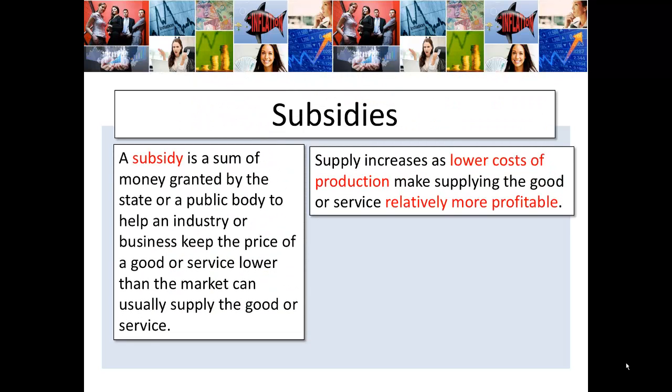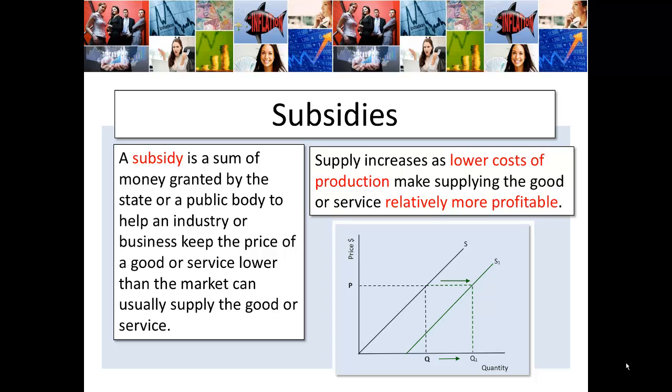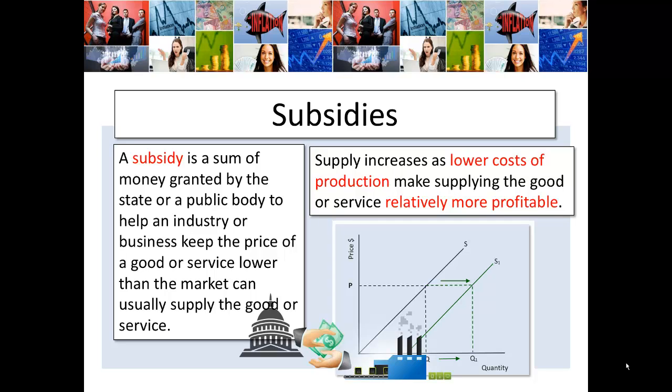Now, a subsidy is a government grant, a payment to industry, a payment to firms to increase the production of a good or service, to keep the price of a good or service lower than the market can usually supply at. So supply increases as lower cost of production makes supplying the good or service relatively more profitable. So subsidies increase supply.